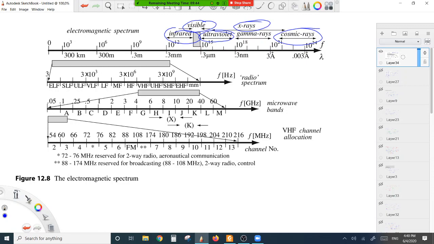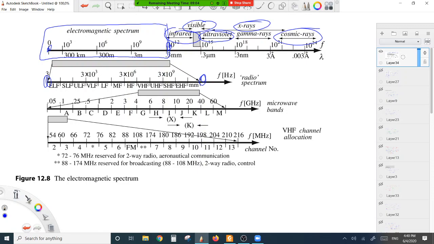Look here, the narrow bands below infrared, the band between 0 hertz and 10 to the power of 12 hertz, is shown in the second figure. Narrow bands below the infrared band are arbitrarily divided by wavelengths and designated names.